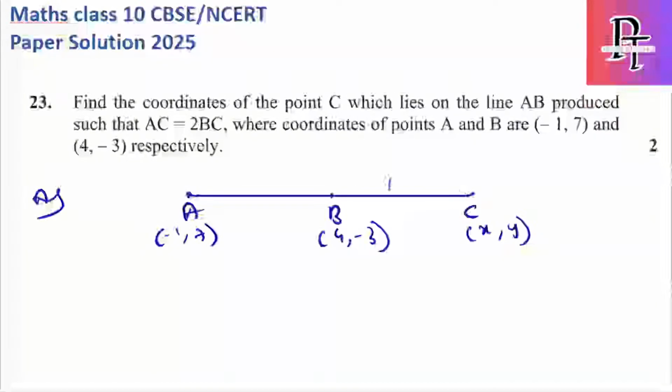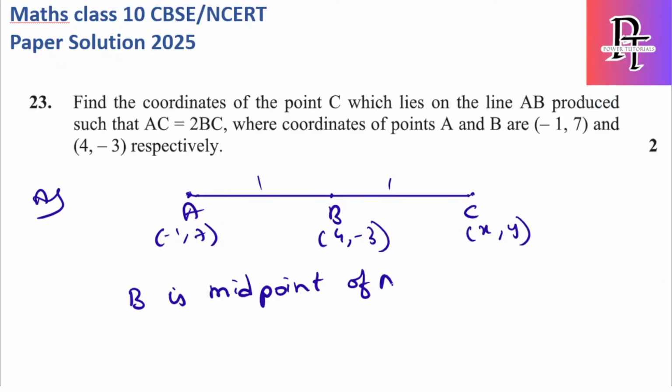So simply I can say these are 1 and 1, or simply B is the midpoint of AC. So what is the midpoint formula? x1 plus x2 by 2, y1 plus y2 by 2. So x1 is minus 1, x2 is x, by 2 is equal to 4.